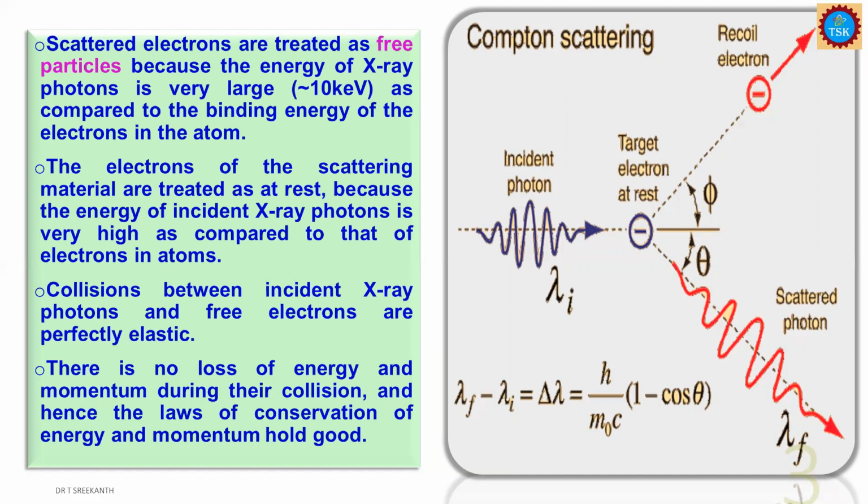The collision between the incident X-ray photons and free electrons is perfectly elastic. There is no loss of energy and momentum during this collision, and hence the laws of conservation of energy and momentum hold good.